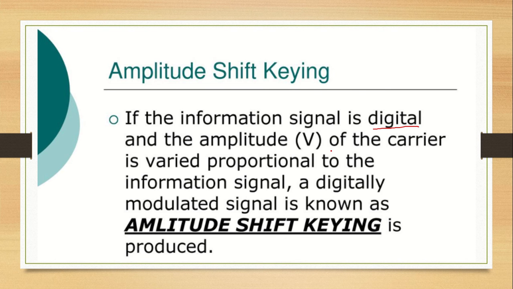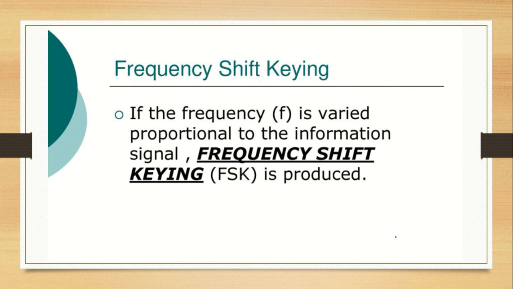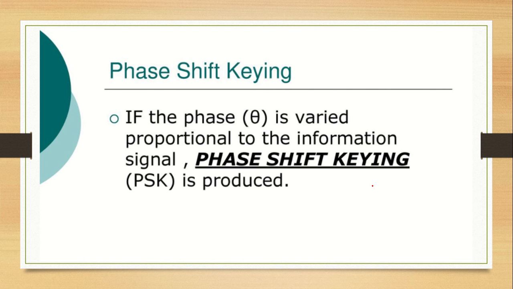Then for frequency shift keying, if the frequency F is varied proportional to the information signal, then frequency shift keying will be produced. Or if the phase angle is varied proportional to the information signal, then we have what we call phase shift keying, or PSK.